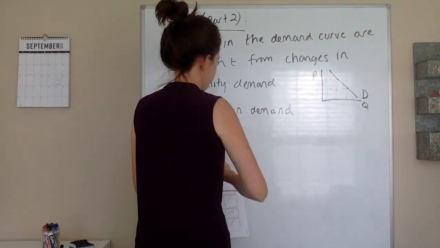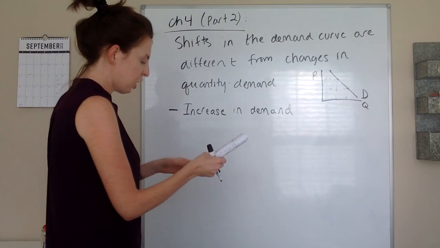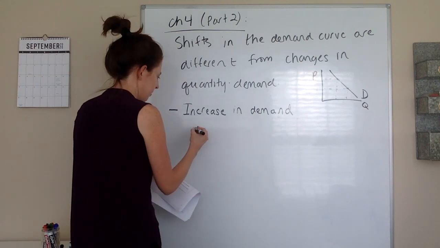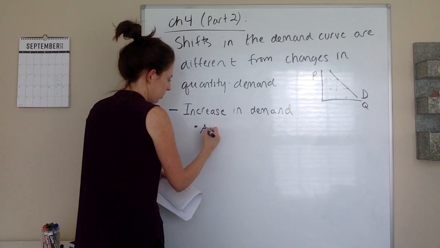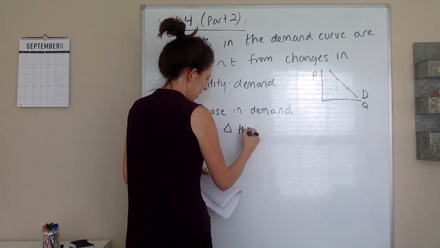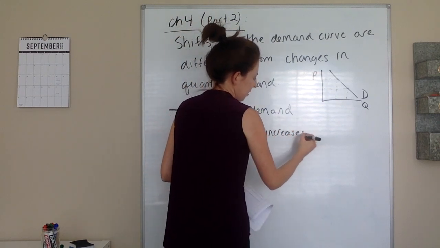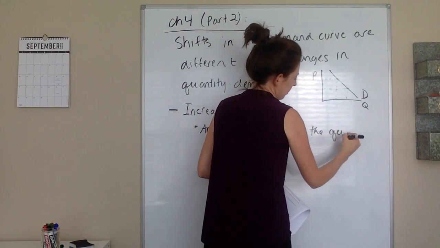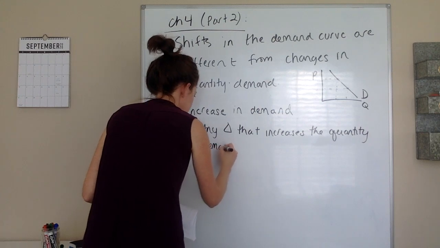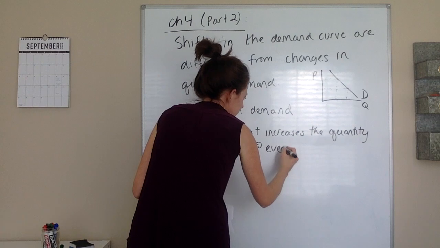Okay, so to make sure this is in your notes correctly: an increase in demand is any change that increases the quantity demanded at every price. So it's going to be any change, put delta for change, that increases the quantity demanded at every price.